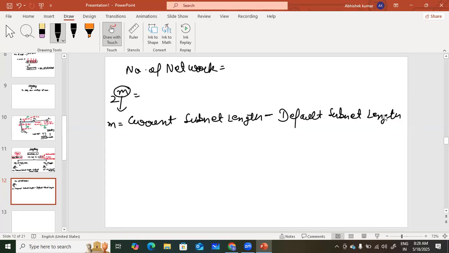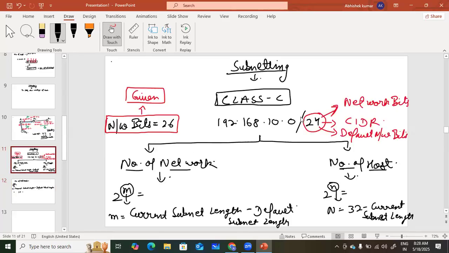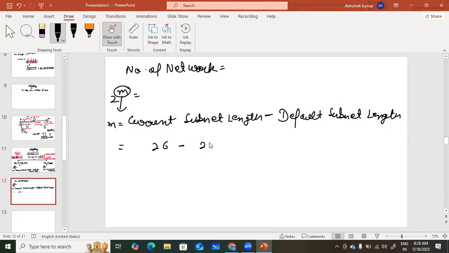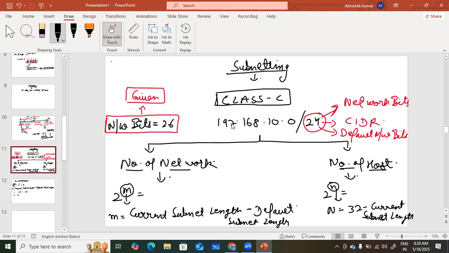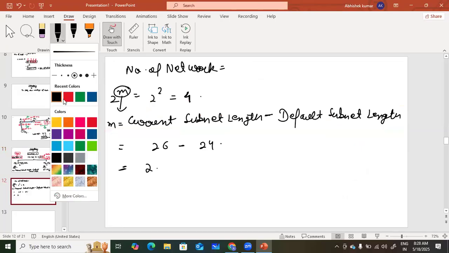What is the current subnet length given to me? 26. And what is the default subnet length for class C? 24. Exactly. 26 minus 24 gives me 2. So 2 to the power 2 gives me 4. It means this network 192.168.10.0 with 254 valid hosts is going to be divided into 4 subnetworks.